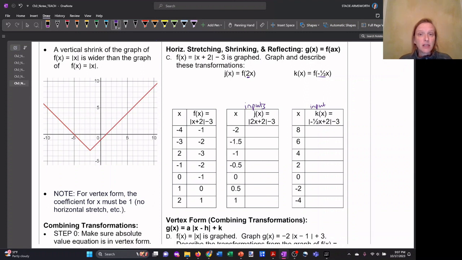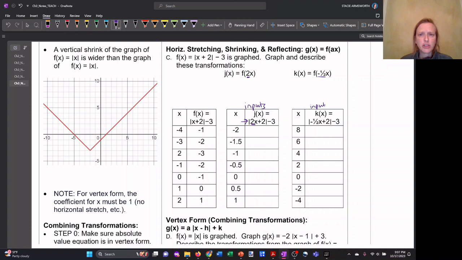So just to be clear, I've shown the modified equation here. Instead of doing x plus 2 in absolute value minus 3, I'm doing 2x plus 2 in the absolute value before I subtract the 3. So I've doubled the input.